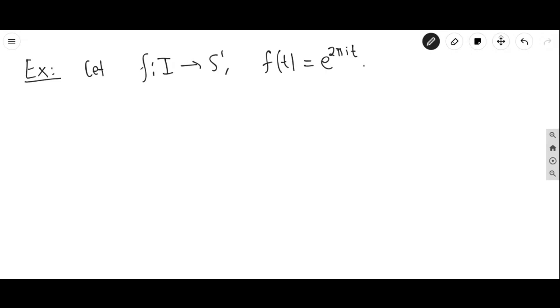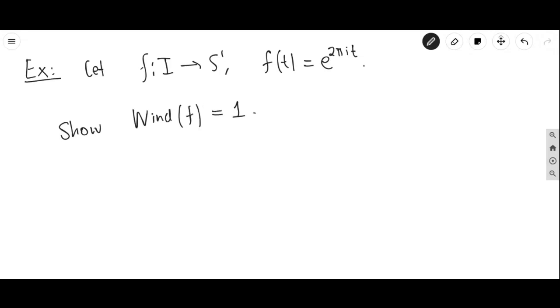Now, let me give you an exercise for you to do. So here's an exercise that's going to be on the homework. You're going to let F be this mapping, which is equal to e to the 2 pi it, and you're going to show that the winding number of this is equal to 1.